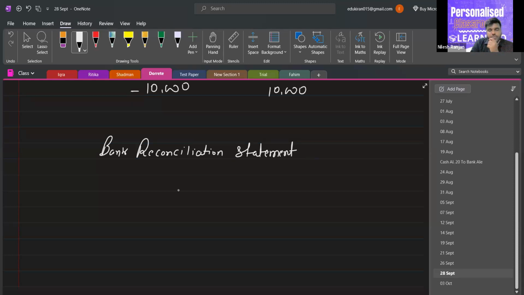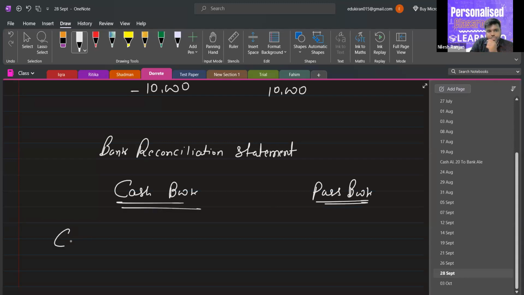Yes. Let's say in the cash book we have entered a transaction, check issued 5,000, and we have entered this transaction 2 times in our cash book.